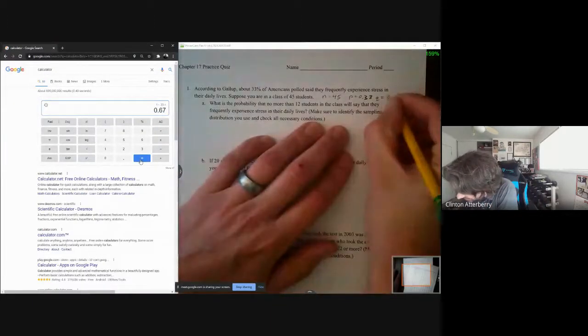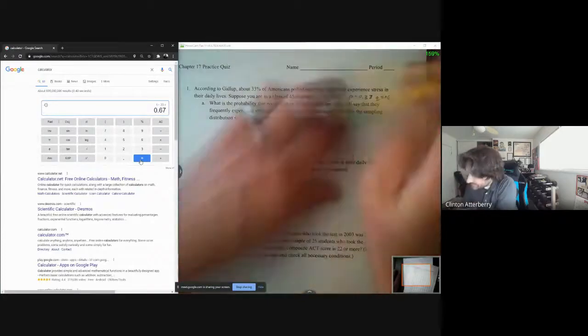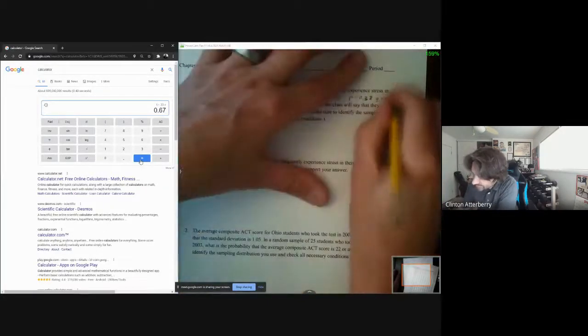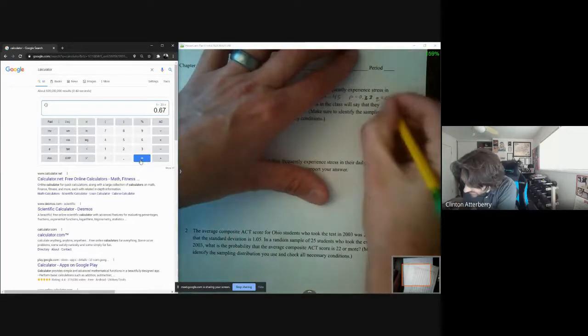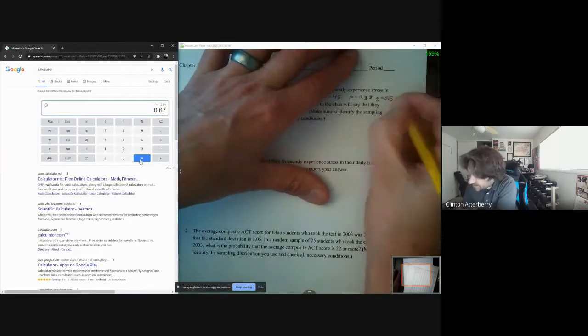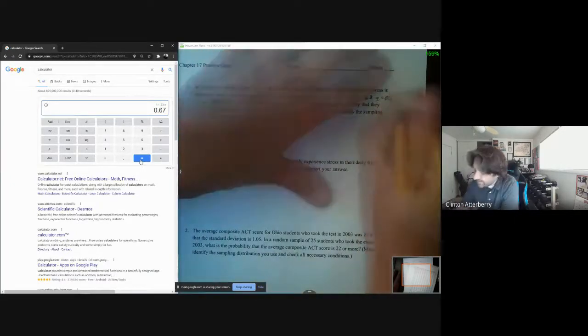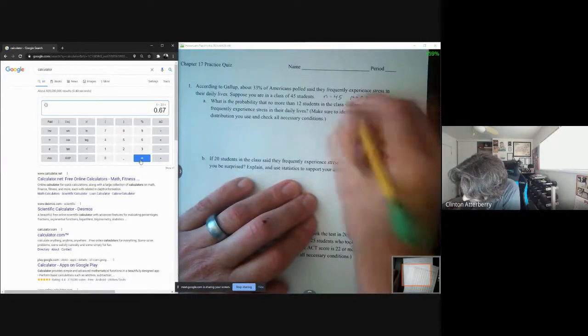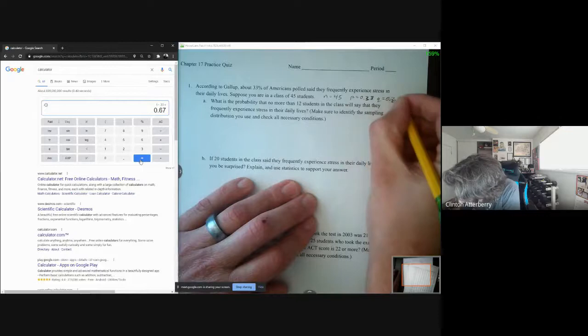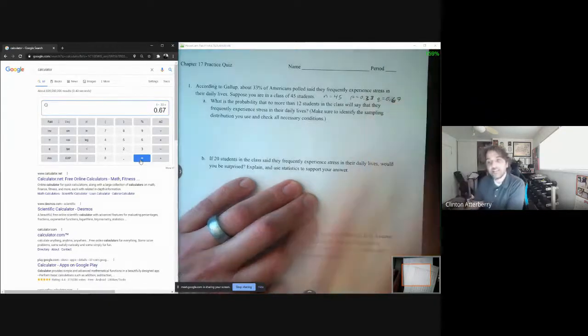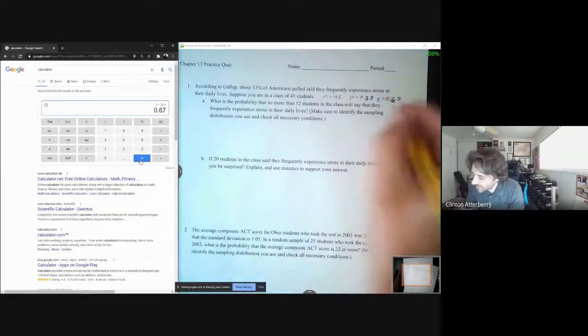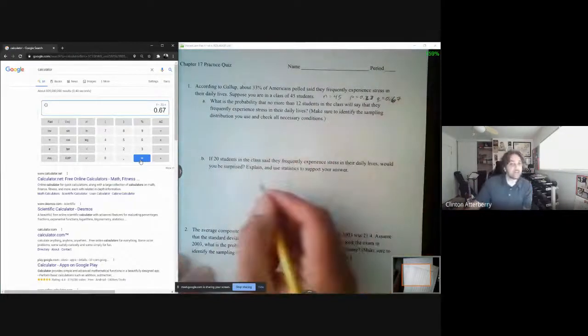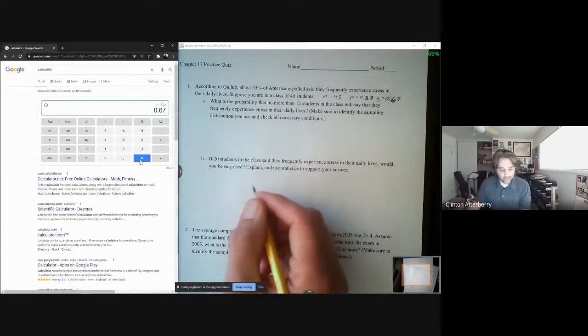So according to the poll, if 33% are the people that do experience stress, and the ones that do not in their daily life are 67% or 0.67. They don't give us a standard deviation, but we can find one using that little formula.